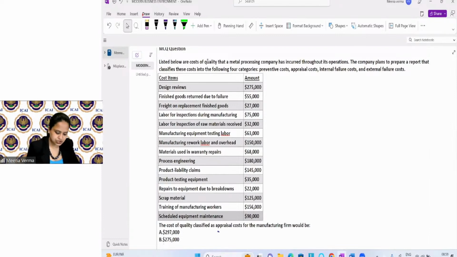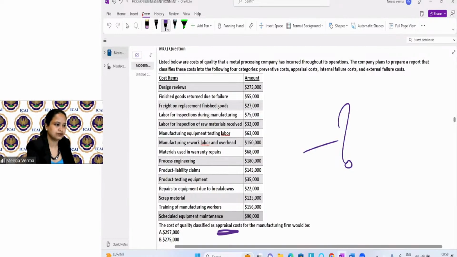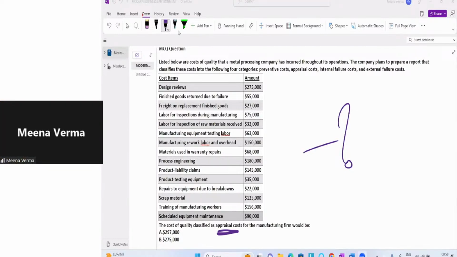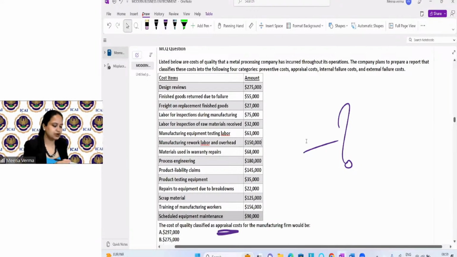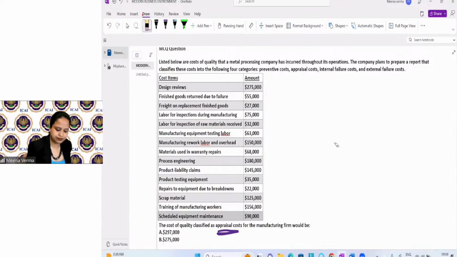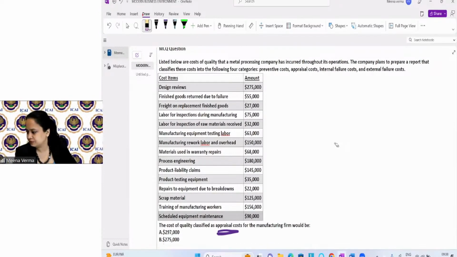Appraisal cost. So in this question, you have to find the appraisal cost. I'm waiting, solve it and give me the answer. What will be the appraisal cost here? Find it. Tell me the appraisal cost in this case. Solve this question and tell me the answer. Yes, I'm waiting. Please solve it and give me the answer.